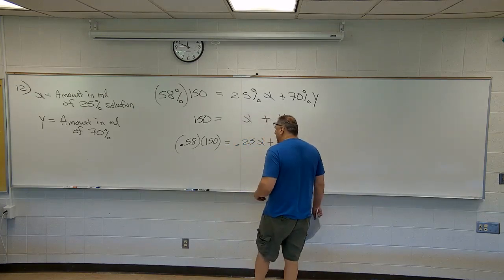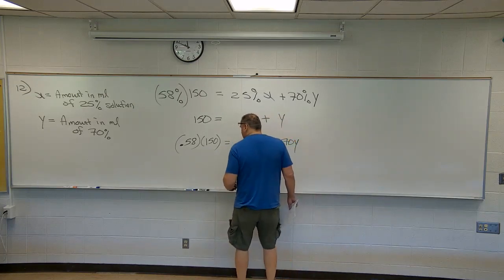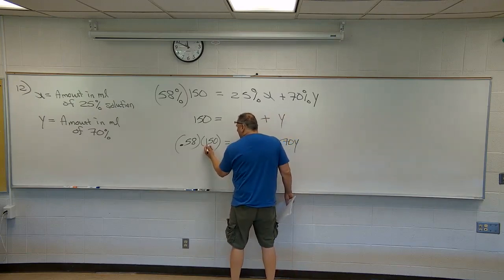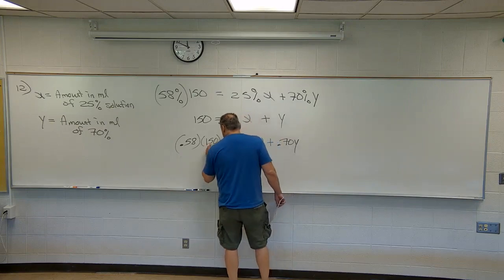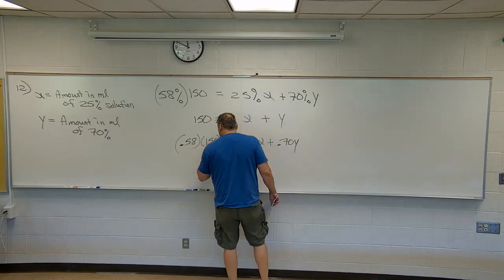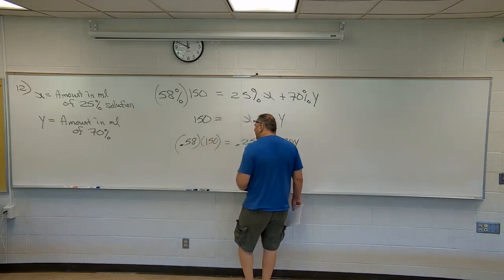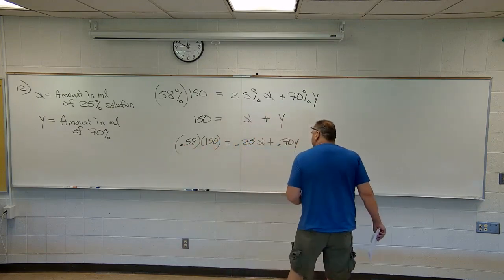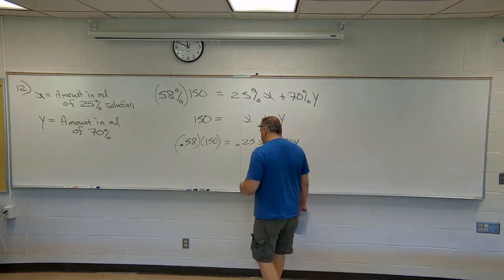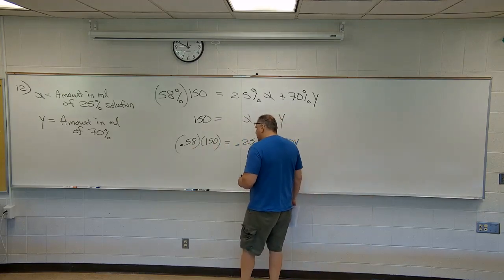Let me multiply the two. I don't have a calculator on me, so I'll do it in my head. There's a trick to this. If you multiply this by 100 and divide that by 100, you get 1.5 times 58. It becomes 58 plus 29, which should be 87.